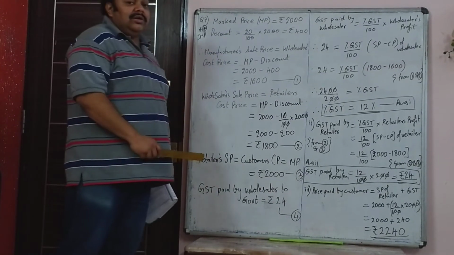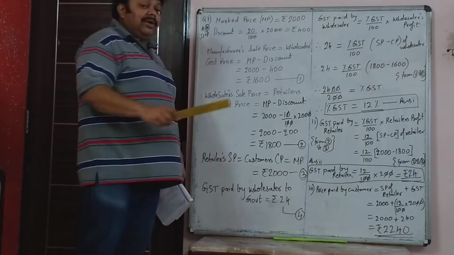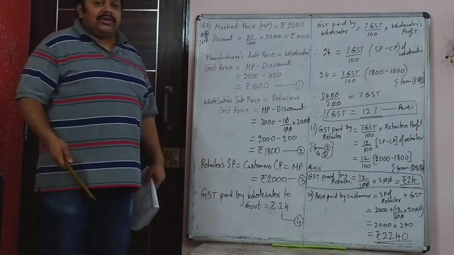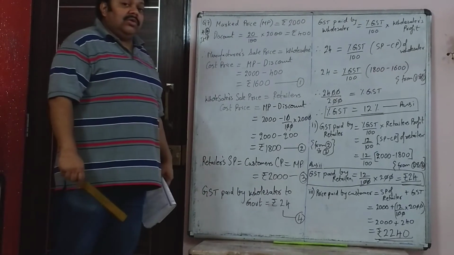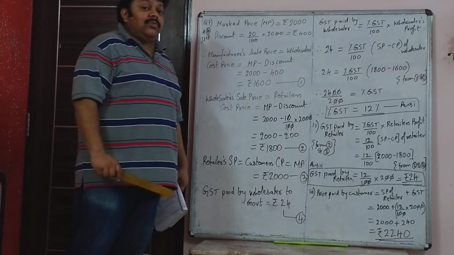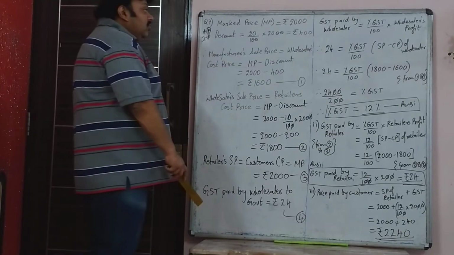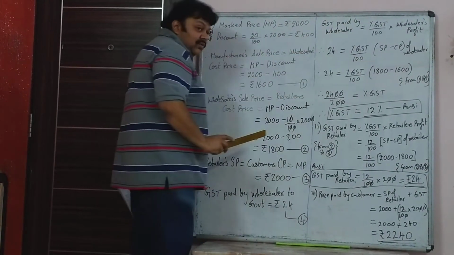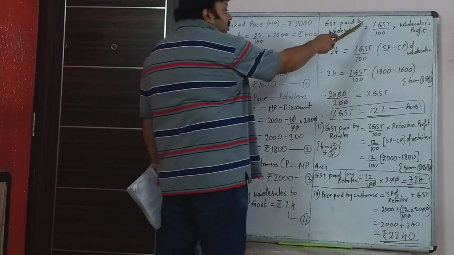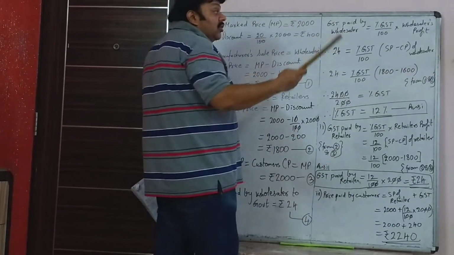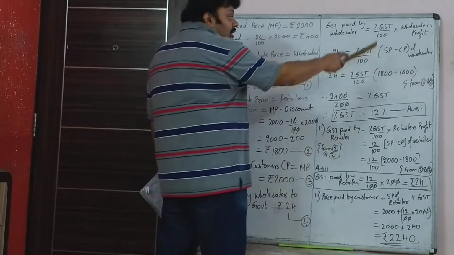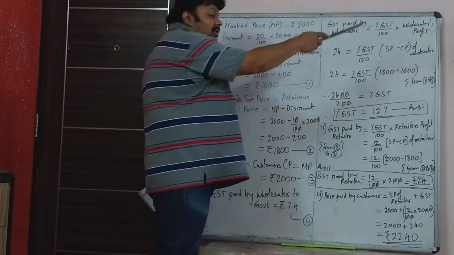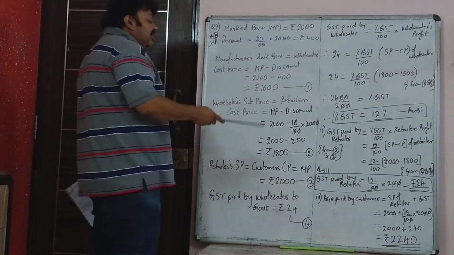So now in the question it is given that the wholesaler pays 24 rupees GST. So you don't know what the percentage is, but it is given that the wholesaler is paying 24 rupees as GST. So we use the formula: GST paid by the wholesaler, which is 24 rupees, is the percentage GST, which we don't know and have to find, upon 100, into the wholesaler's profit.